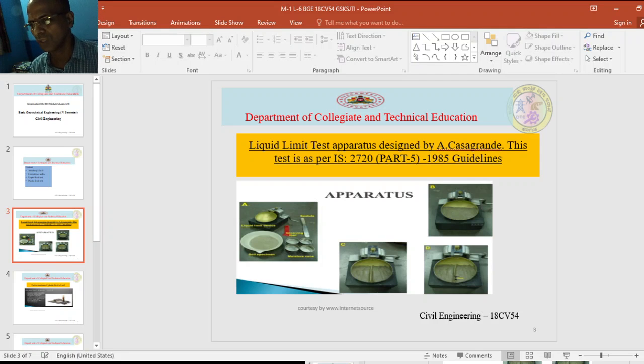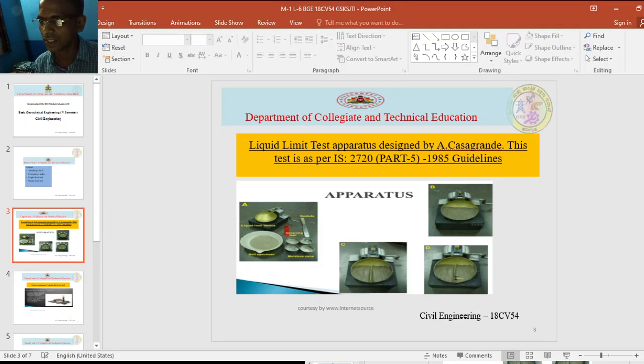The limits at which the strength varies between liquid to plastic, plastic to semi-solid, and semi-solid to solid state were proposed by Atterberg. Therefore, they are named Atterberg limits. Atterberg limits are the liquid limit, plastic limit and shrinkage limit.